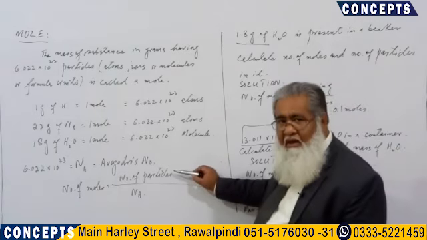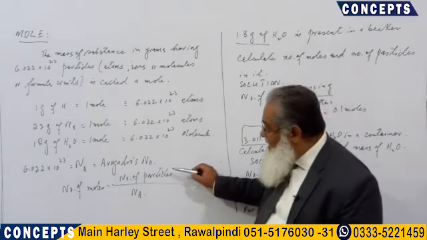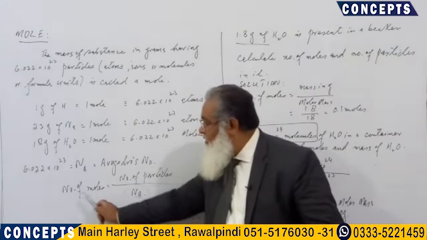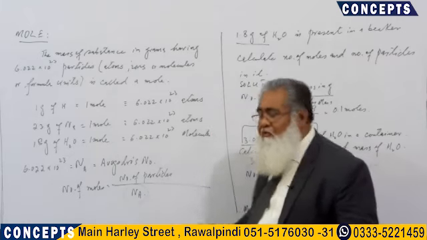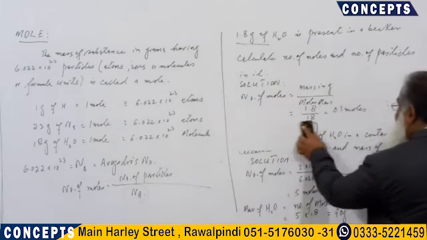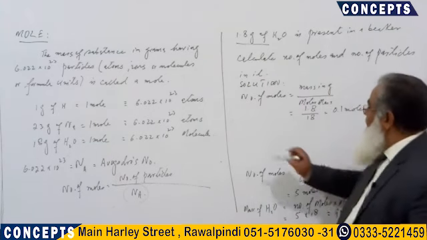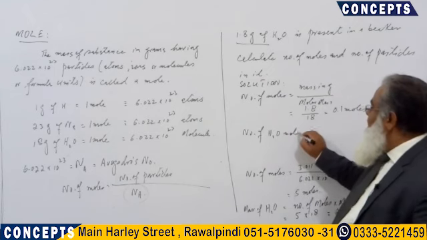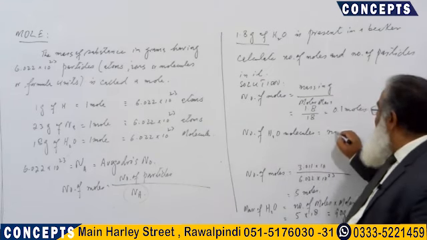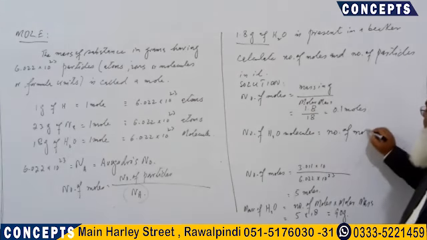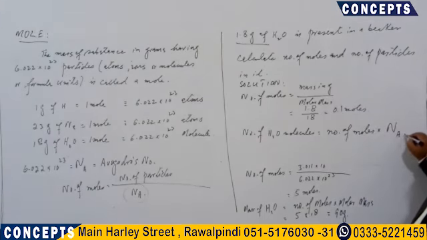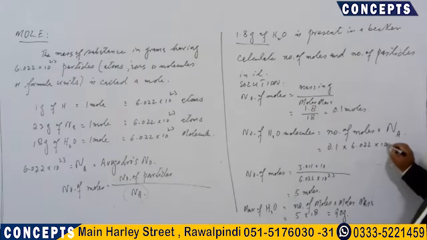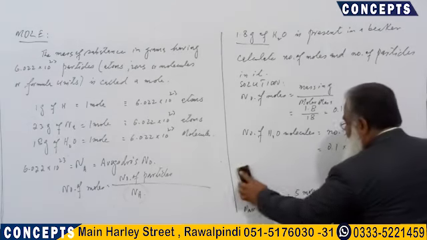As we have to find number of particles, number of water molecules, rearrange this formula: Avogadro's number, when we move to the other side of the sign of equivalence, will be multiplied with number of moles. Now, number of water molecules is equal to number of moles into Avogadro's number, 0.1 into 6.022 × 10^23.